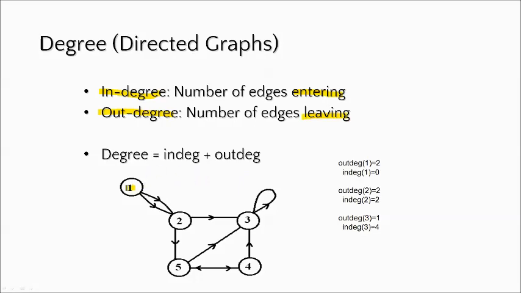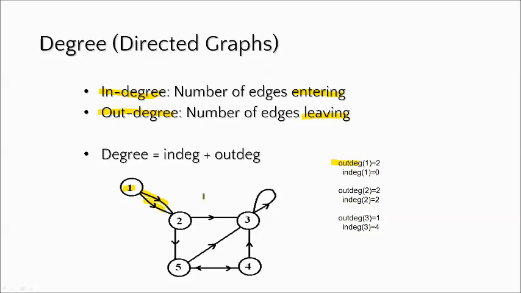From vertex 1, how many in degree and how many out degree do I have? Let's start with the out degree. Check the direction of the arc, or of the edge.